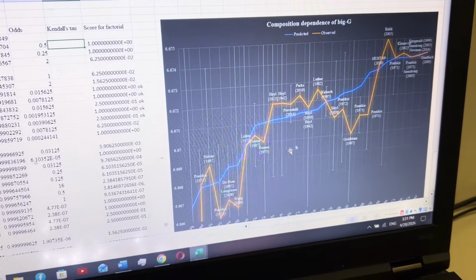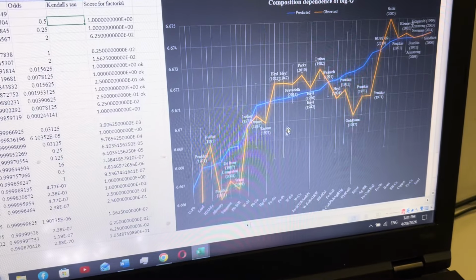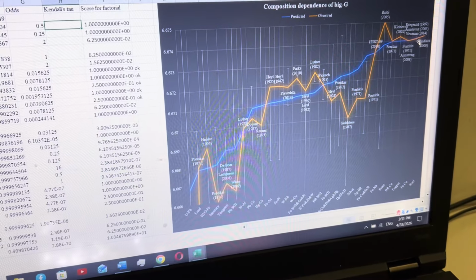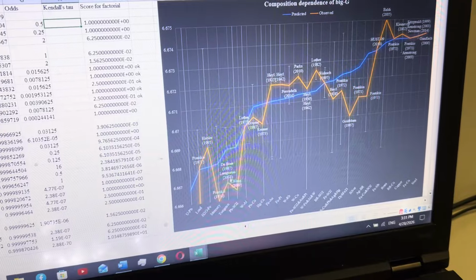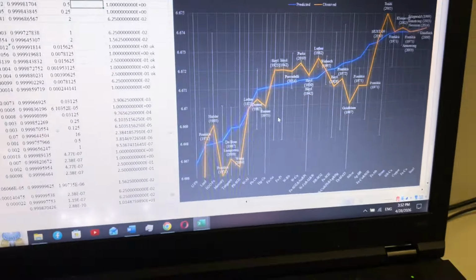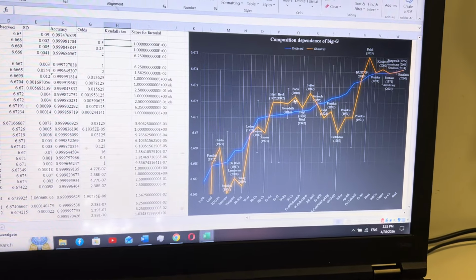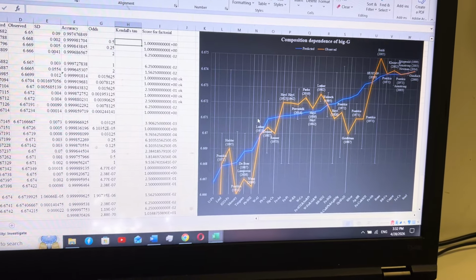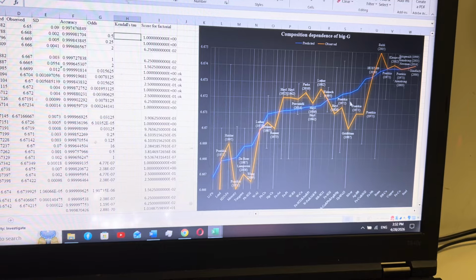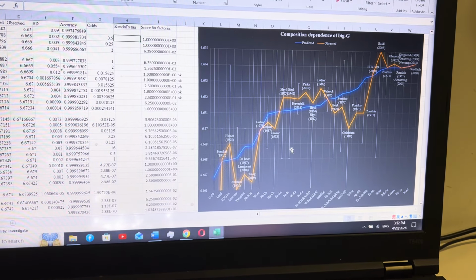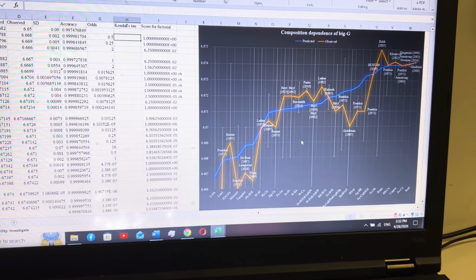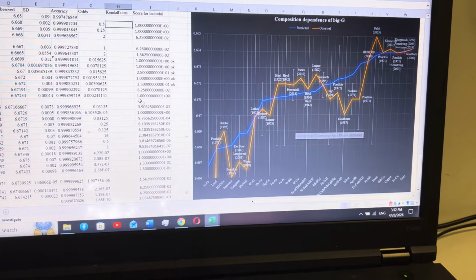You can see the different measurements of the gravitational constant, which is not a constant. And basically my formula says that the chance that this is a coincidence is 1 in 10 to the power of 13. So yeah, the normal approximation should yield the same.